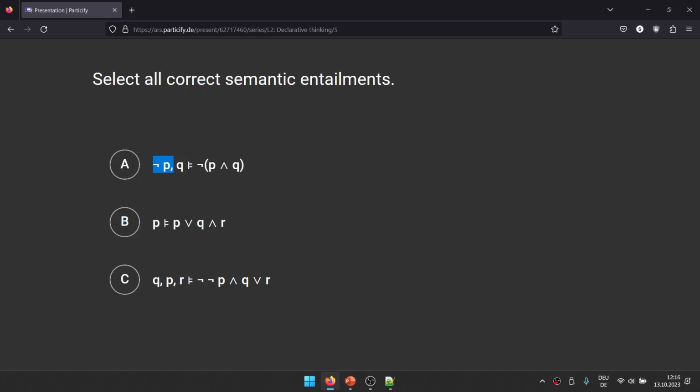And what does this mean if the negation of the variable is on the left side? For semantic entailment, we have to make sure that in case all the elements on the left are true, how do we make not P true?